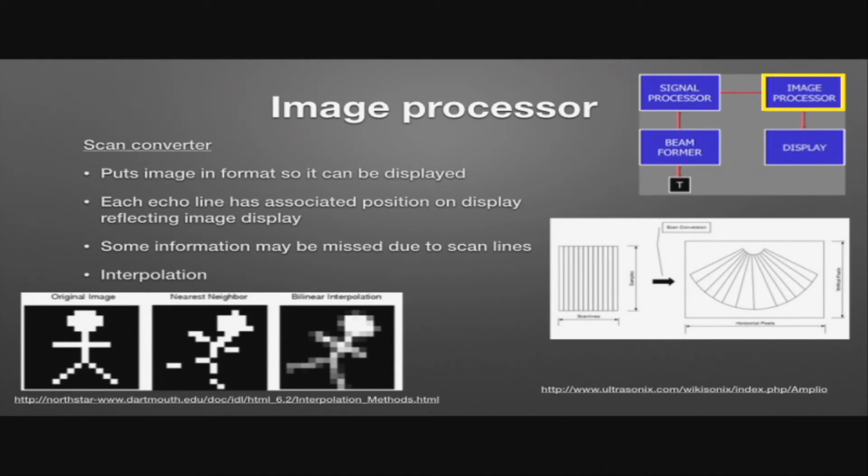For example, using this image I got off the internet, the original image was of that little stick figure. When we actually get the information back, it looks more like the middle image. The interpolation is going to fill in the gaps so that we give the most accurate information that we can related to the structure that we're actually imaging. And it's all about improving that image quality.